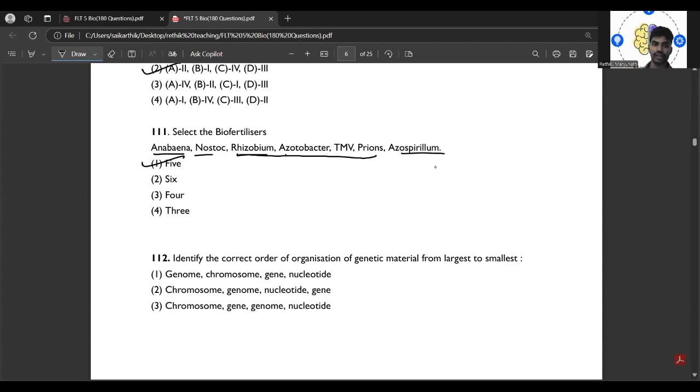The remaining ones are Anabaena, then Nostoc, then Rhizobium, correct? Then Azospirillum. So the remaining are infectious and only three are biofertilizers. So option 3.